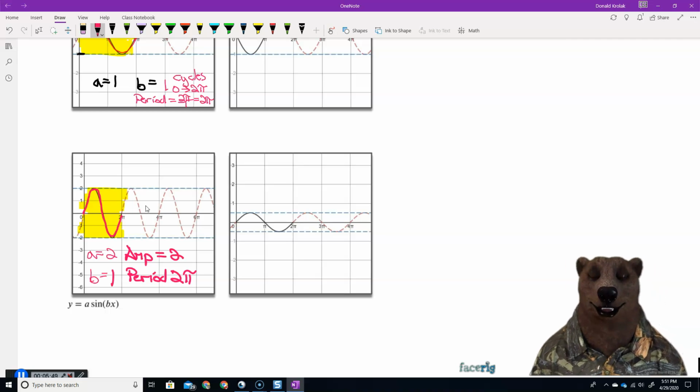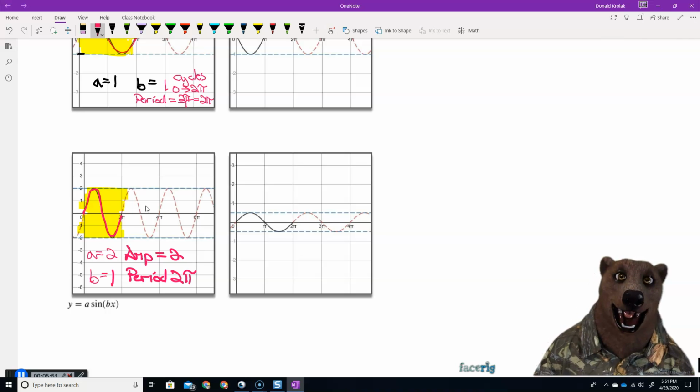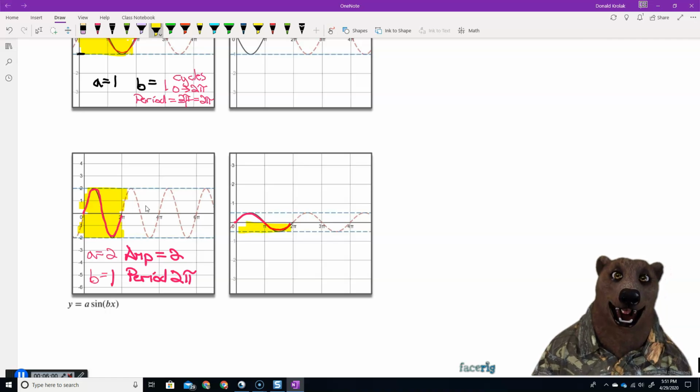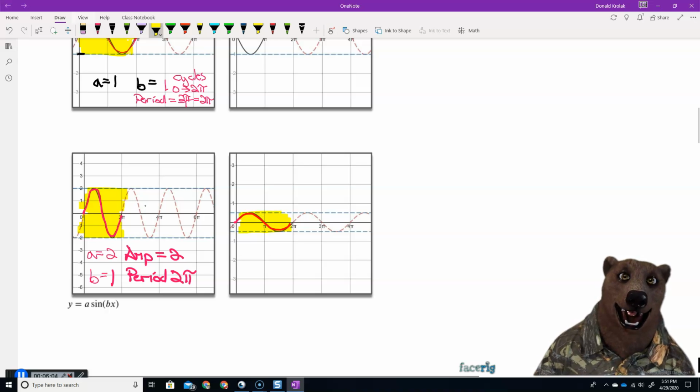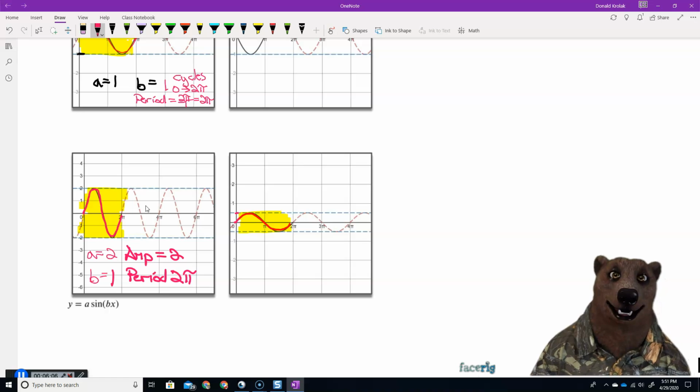Now if we look at this one over here, here's one cycle of sine. Here's this interval between 0 and 2 pi, so I only see one cycle. But this time my amplitude is only a half. It doesn't go up to 1.